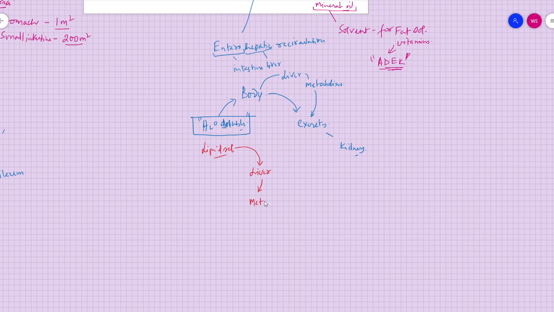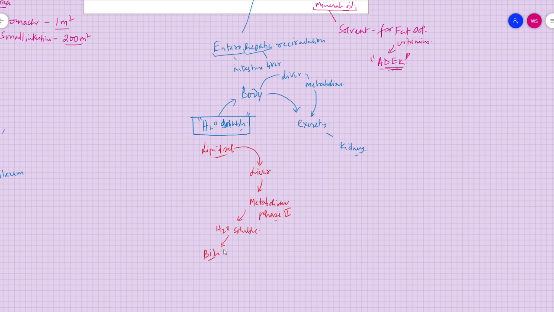That is phase 2 metabolism, meaning it conjugates certain other chemicals to the lipid soluble drug and makes it water soluble. It excretes a part through the kidney and a part through the bile.